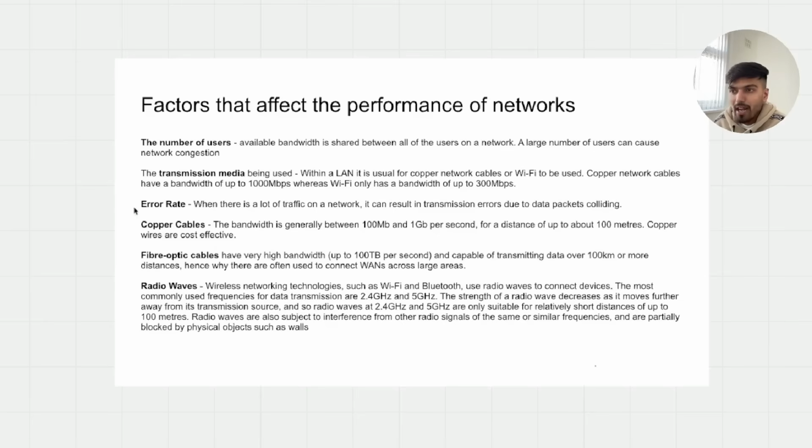Error rate is another factor that affects performance, which is when there is a lot of traffic on the network, it can result in transmission errors due to packets colliding. And radio waves are used in wireless, so that again is the transmission media used. So with wireless, Wi-Fi and Bluetooth, they use radio waves, and radio waves always have interference issues.